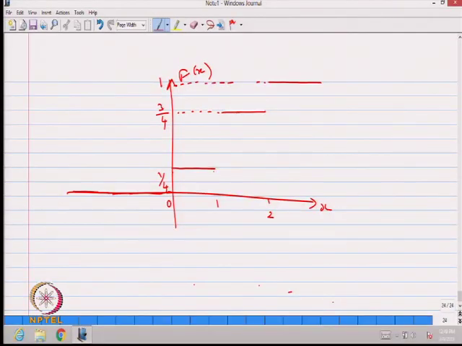Therefore, this is an example in which the CDF satisfies all the 4 conditions of the distribution function: values lie between 0 to 1, monotonically increasing, and left limit is 0, right limit is 1. The 4th condition, here it is a right continuous function. Therefore, this function capital F is a distribution function.